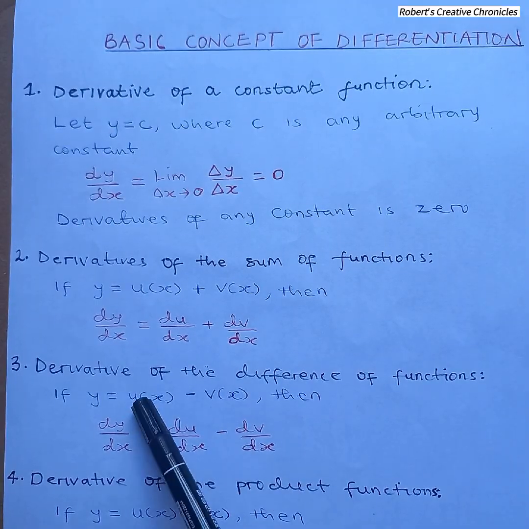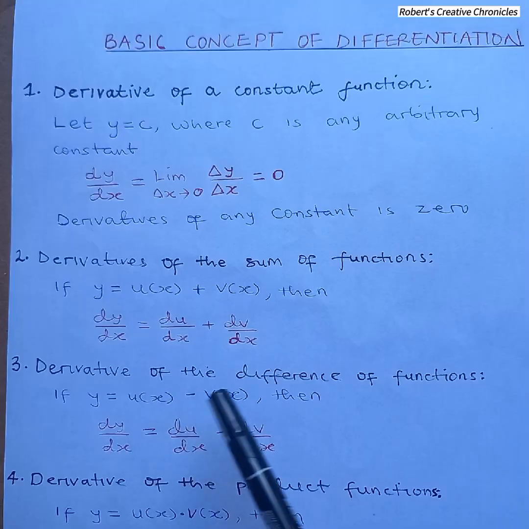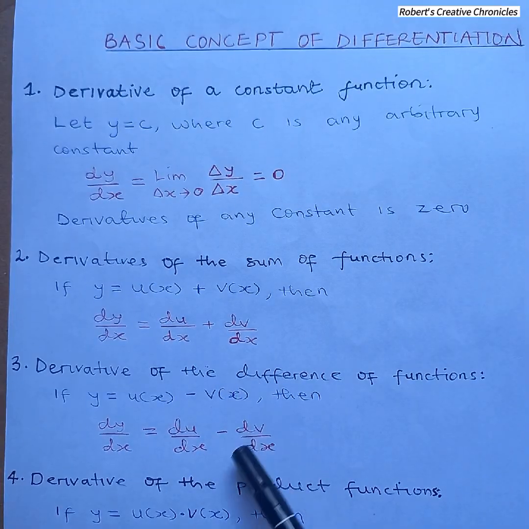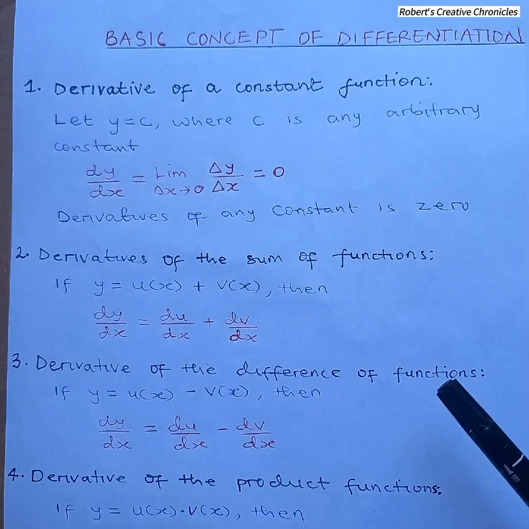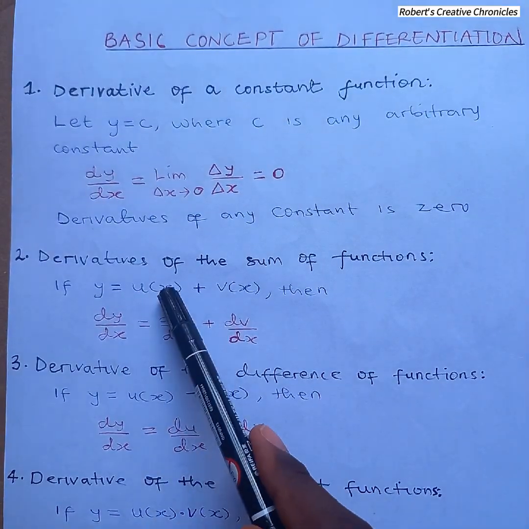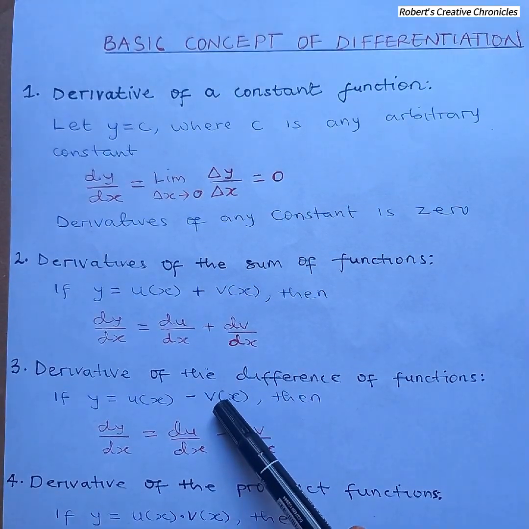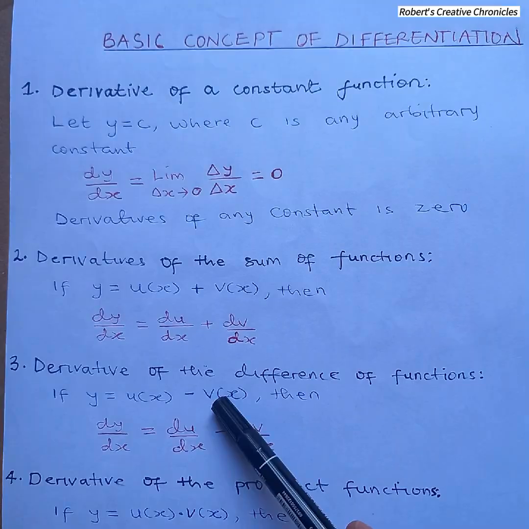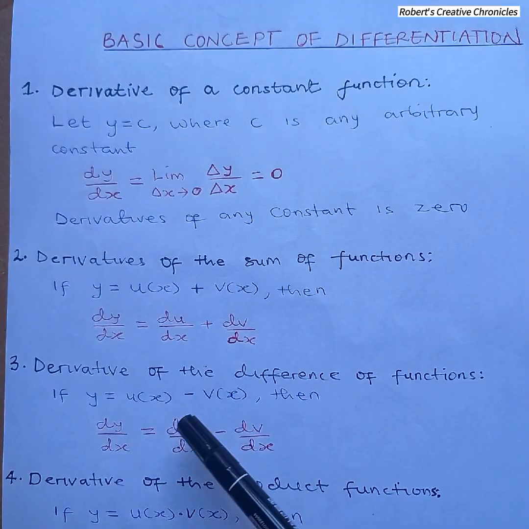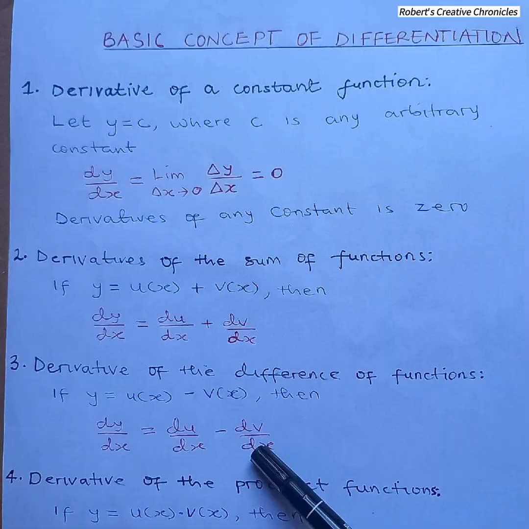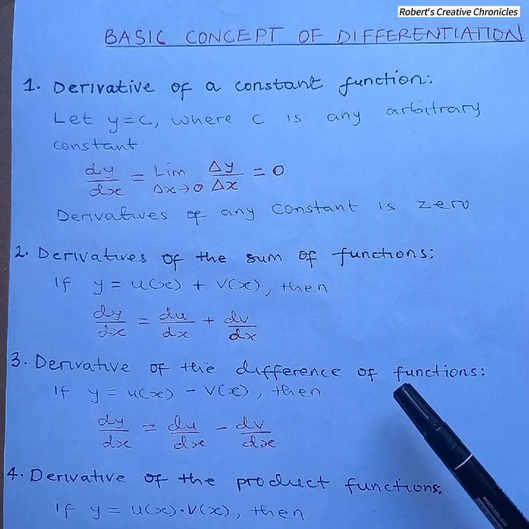You differentiate the first function, and you differentiate the second function, and you subtract them. And note that this u of x and v of x are all functions of x. That is why we differentiate them with respect to x. So they are functions of x.